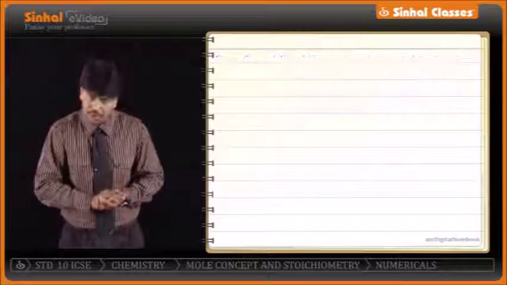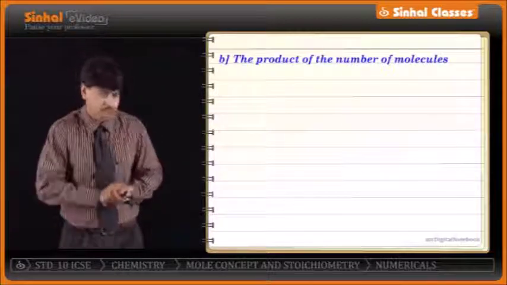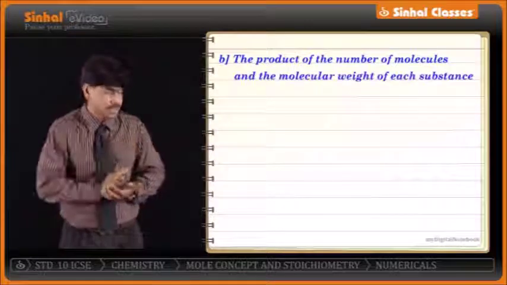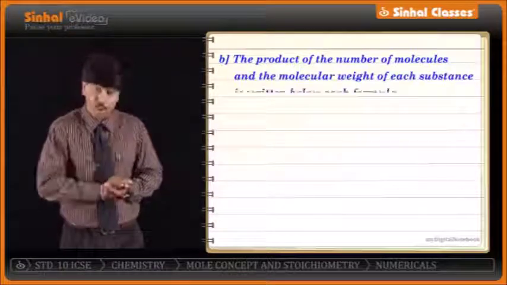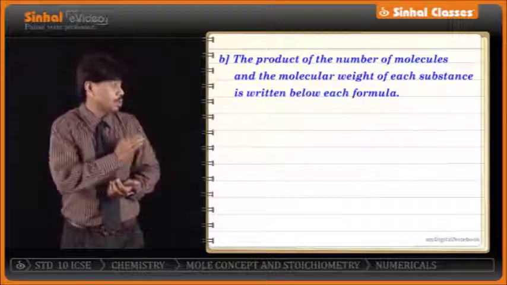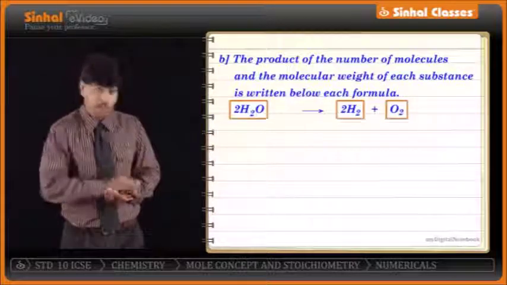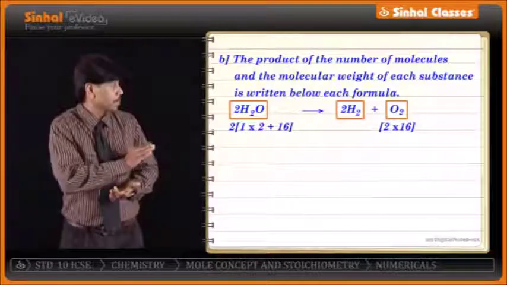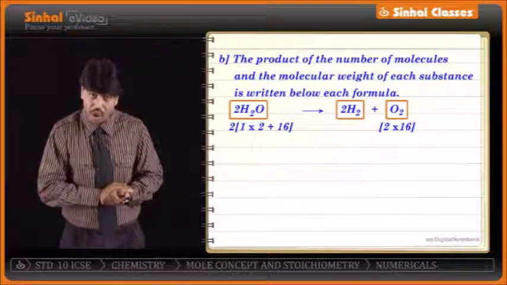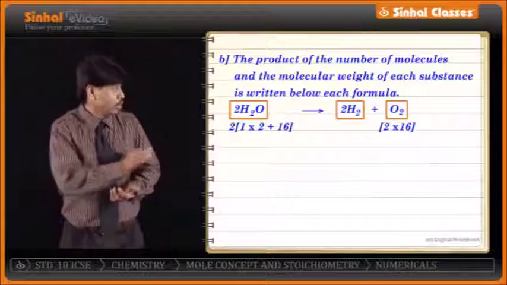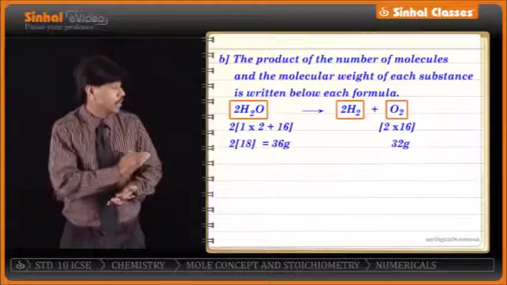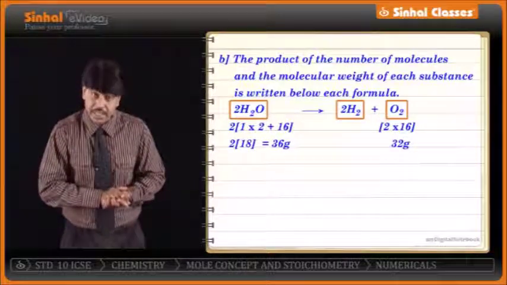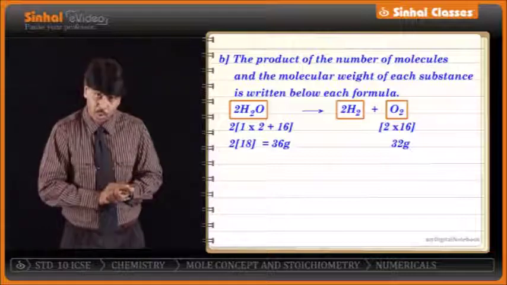The product of the number of the molecules and the molecular weight of each substance is written below the formula. That is 2H2O, 2 into bracket, 1 into 2, that is weight of hydrogen, plus 16, that is weight of oxygen, close the bracket. So 2 into 18, the weight came out to be 36 grams for 2H2O.